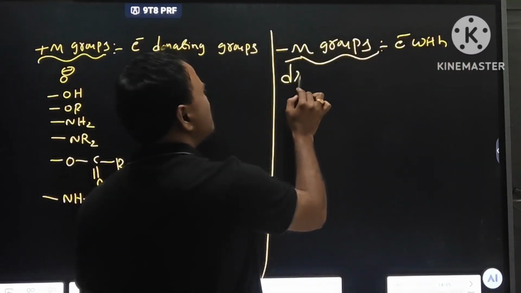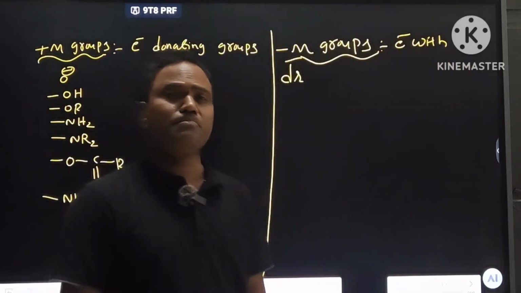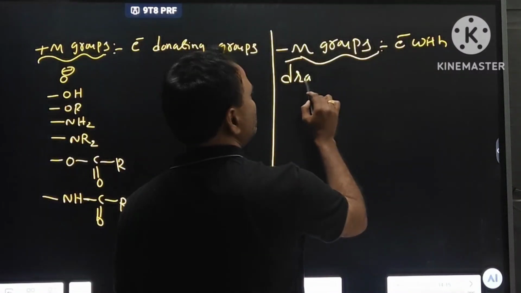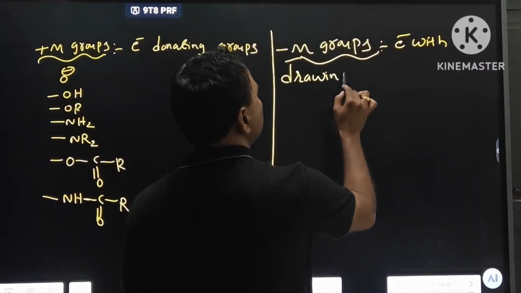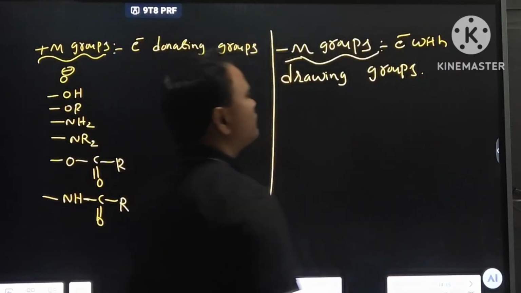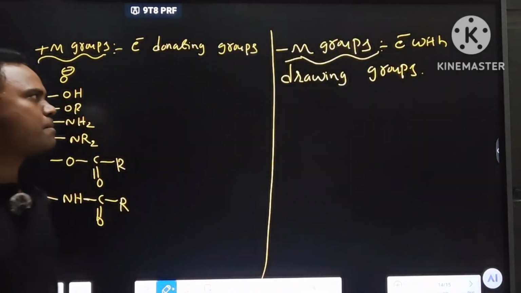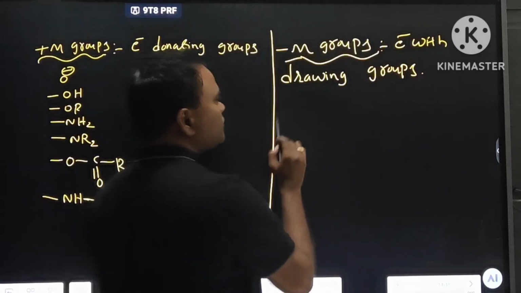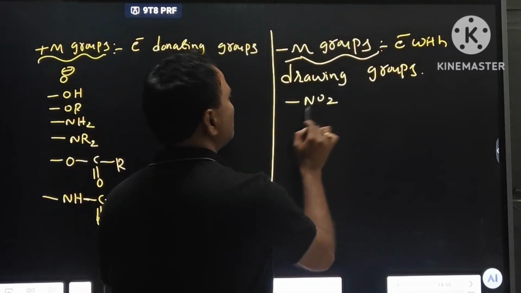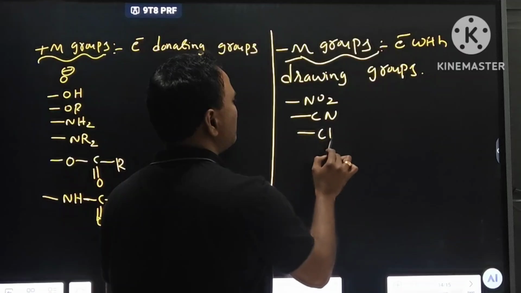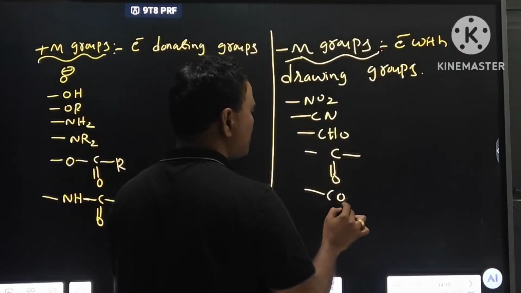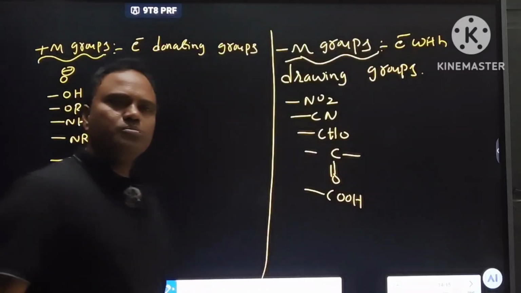I'll tell you the difference between minus I, minus M, and plus I later. Minus M groups are electron withdrawing groups. Important minus M groups: NO2, cyanide, aldehyde, ketone, carboxylic acid.